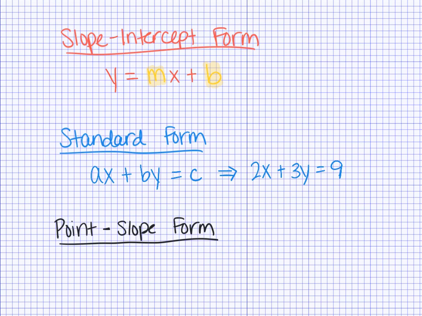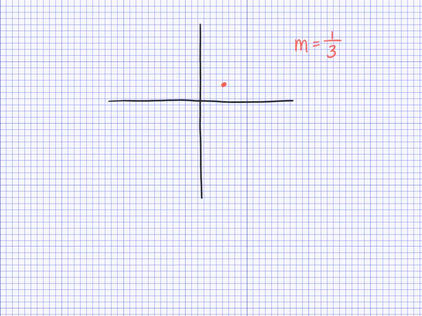So point-slope form, you have y minus y1 equals m, which you should recognize as the slope, times the quantity of x minus x1. So that's a lot of letters there. Again, I'm going to show you exactly where to plug in your numbers and exactly how it needs to look like. Alright, so let's jump right in.